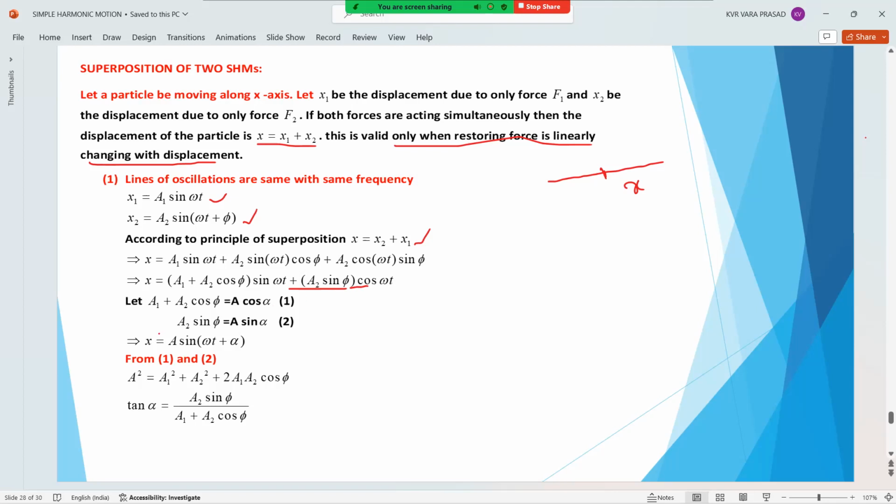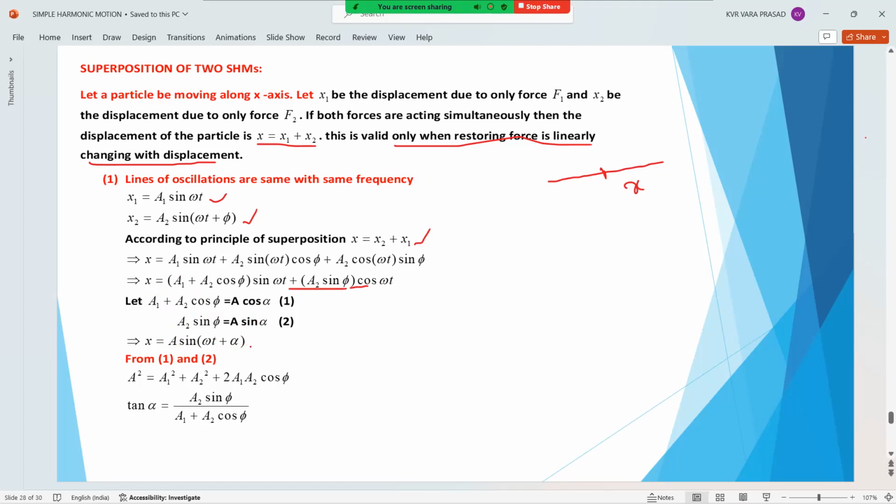Let us take A1 plus A2 cos phi equal to A cos alpha, and A2 sin phi equal to A sin alpha. By writing like this, x can be written as A sin(omega t plus alpha).